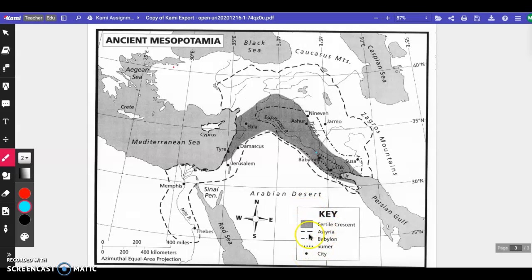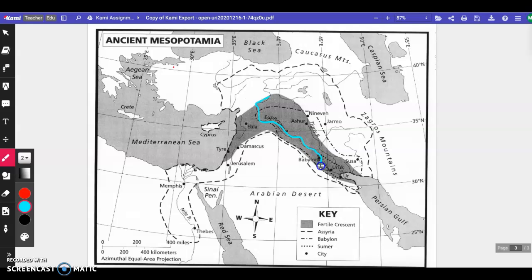Now, one thing that is not in the key are these very thin lines. They are rivers. So here we have the Euphrates River and the Tigris River. What I recommend is to trace those out so that you can see where the Euphrates River lies.